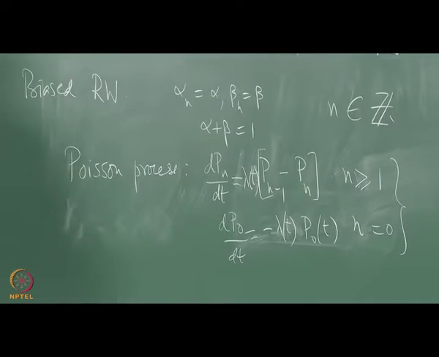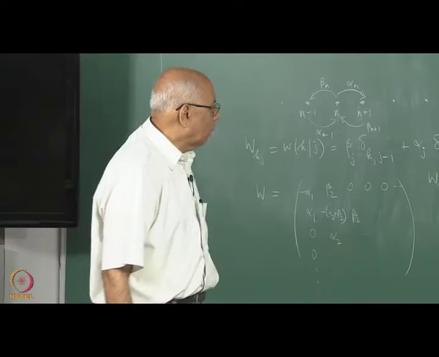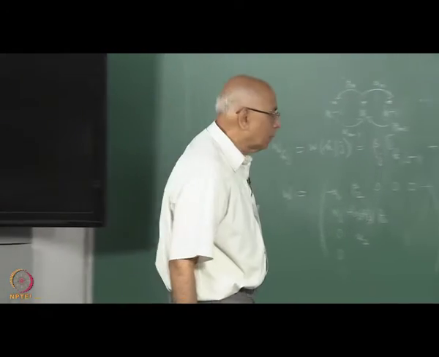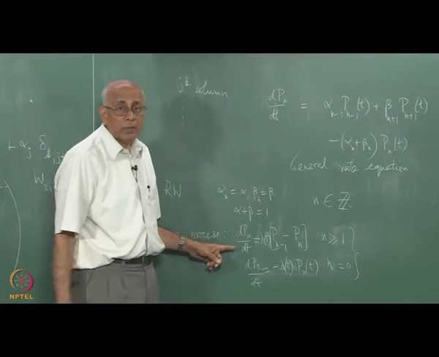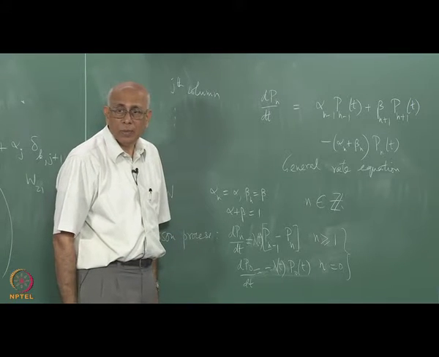And the initial condition is once again at t equal to 0, n is 0. Okay. What would have happened to that solution? Well, the way we got that solution was we multiplied this by z to the power n and summed over n to write the generating function down, right?